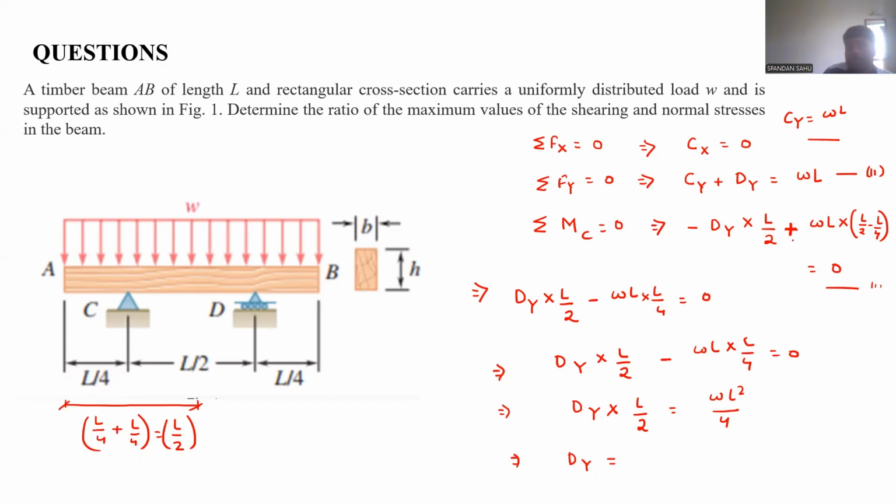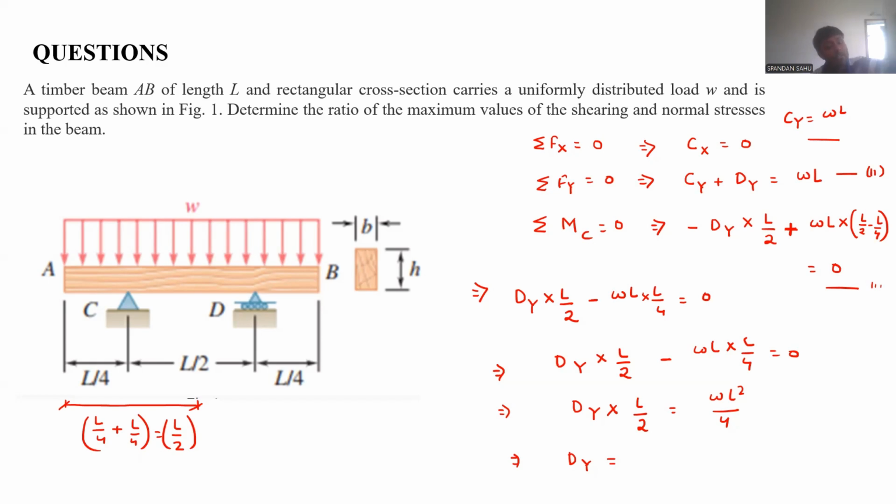So a query is coming: why is one part negative and the other part positive? So please check. Dy is acting at joint D. And if you put your thumb at joint C and try to rotate about that point C, the vertical reaction at D will try to rotate the entire beam in an anti-clockwise fashion.